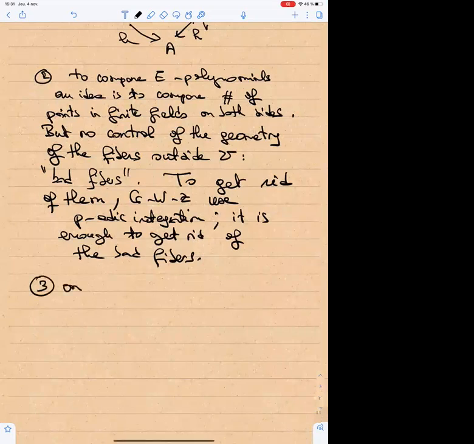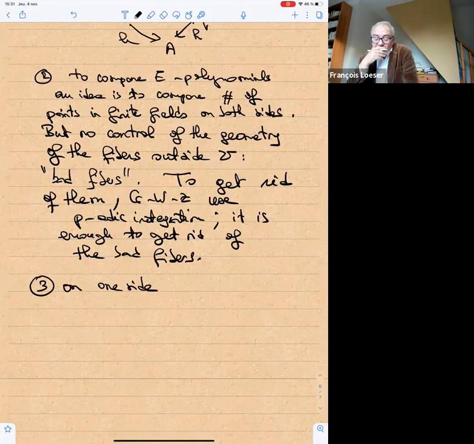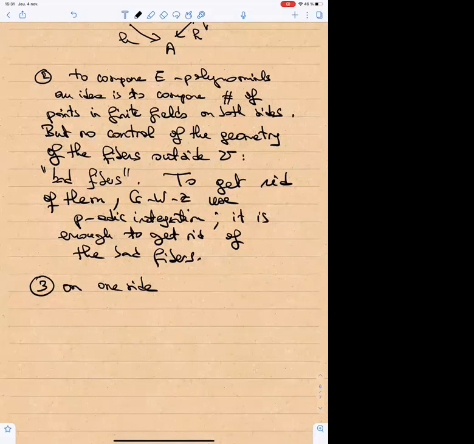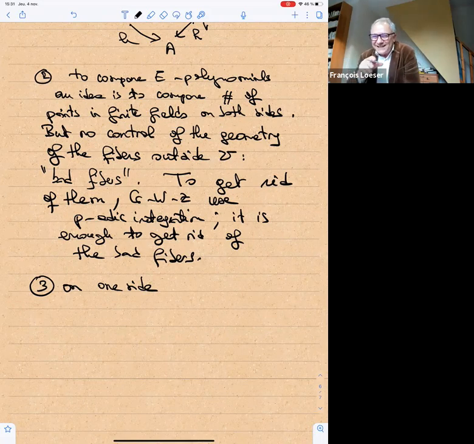What's the meaning of the set of fibers? There are those outside U. Oh, I see. But I did not define U precisely. So you have control of the fiber over some big open set, but you really don't know what's going on outside.